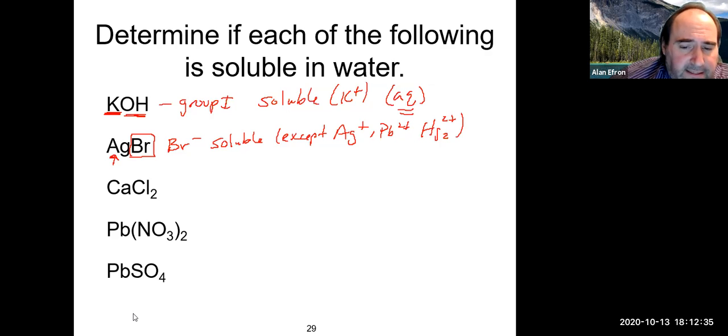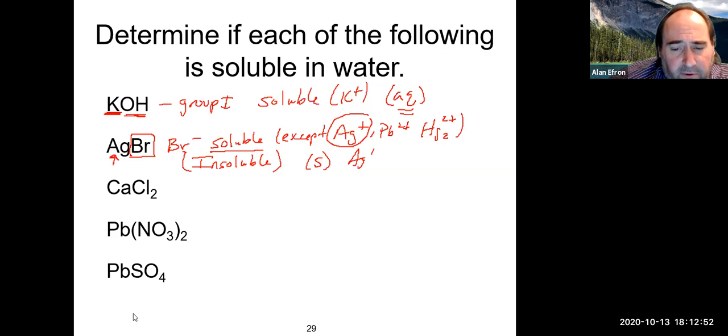And since it does have silver along with our bromide, it goes from being soluble to becoming insoluble, as it's the exception here. And we would expect it to form a solid here. So we would expect silver bromide to be a solid when it comes together. Question on those two so far?